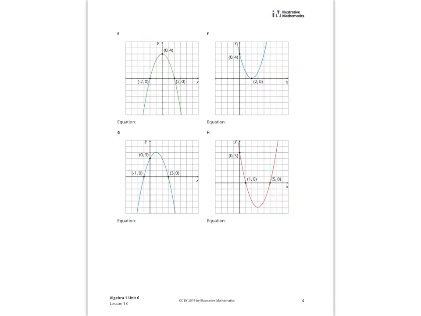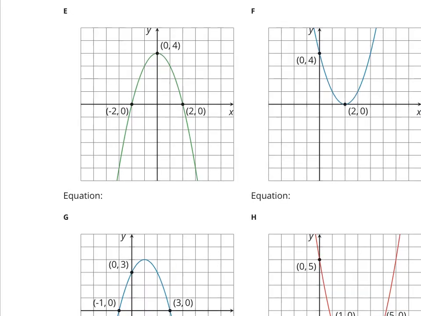All right, let's go ahead and look at E. Now, E is a little different than the other ones. I notice that I am opening down instead of opening up. So that means my squared value is going to be negative.